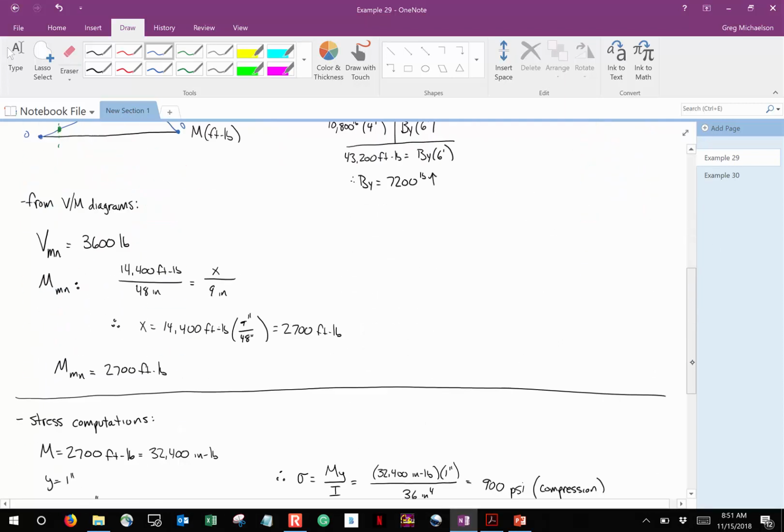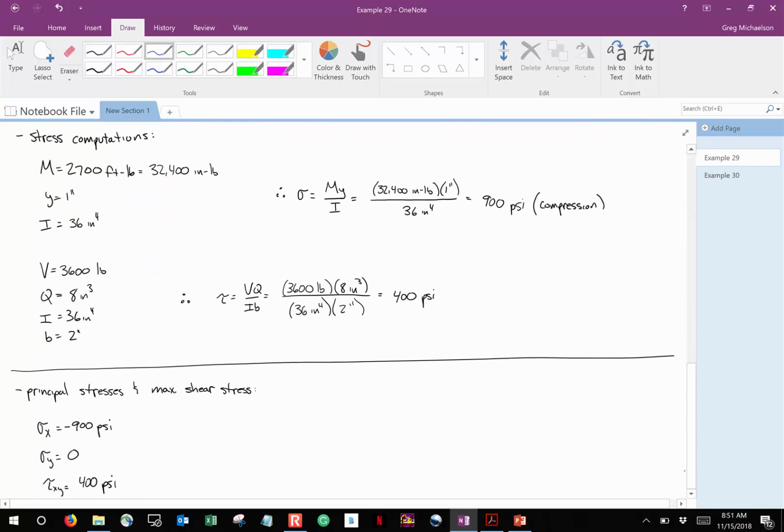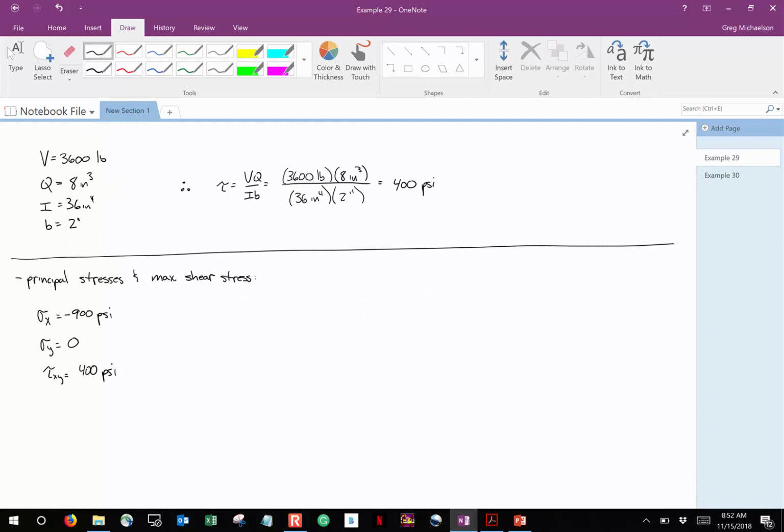So really, here's our state of stress. We have our sigma x is negative 900 psi, again taken from sigma equals My over I, and our shear stress is VQ over IB, taken as 400. And so once you have this, determining principal stresses and maximum shear stresses is really simple. We can determine the center of Mohr circle, or sigma average, as sigma x plus sigma y over 2.